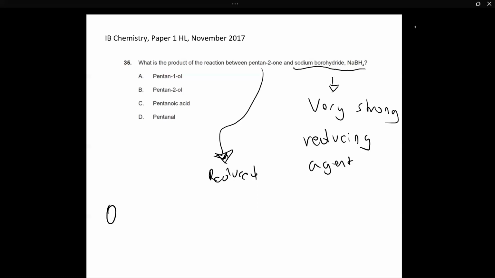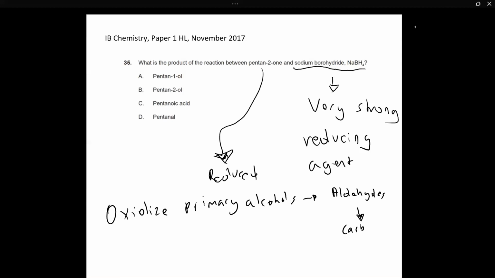When you oxidize primary alcohols, you can get aldehydes, and if you further oxidize these aldehydes, you get carboxylic acids.